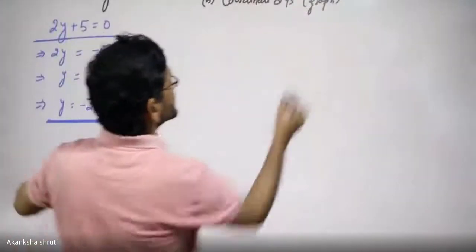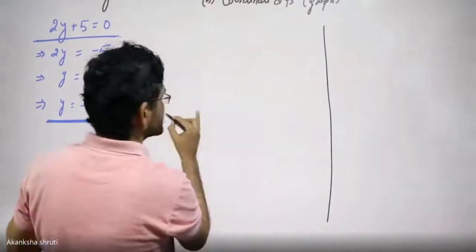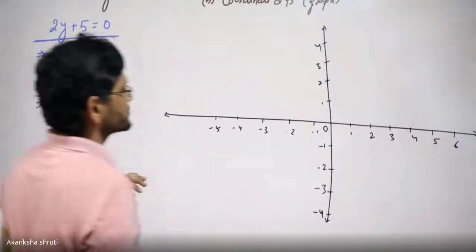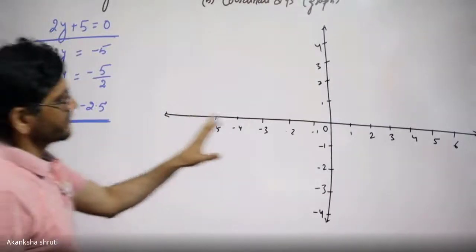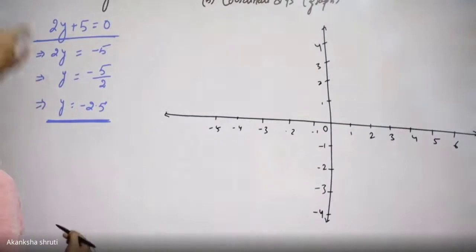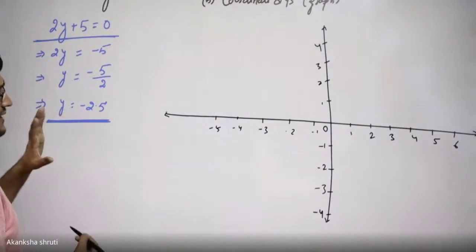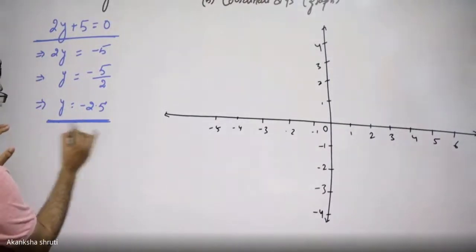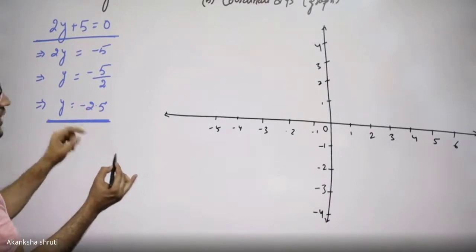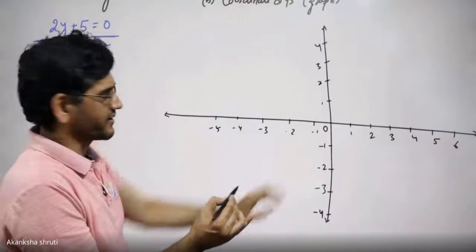So for drawing this, take the coordinate system, students, on your graph paper. Students, so just make this a scale on your graph paper. Then for drawing this, the simplest thing is to allocate just y is equal to minus 2.5. On the coordinate system, I am directly drawing.